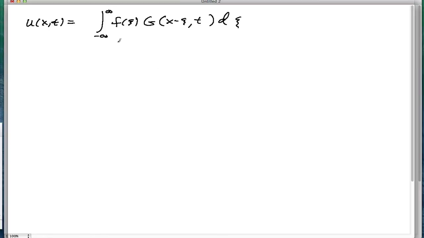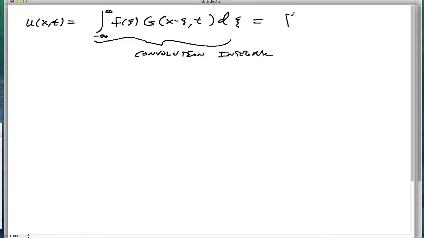And if you remember from before when you saw convolution integrals, this is actually a convolution. We can write this as a symbol, f star g, and the result is going to be a function of x and t. All right, and so what is this doing?